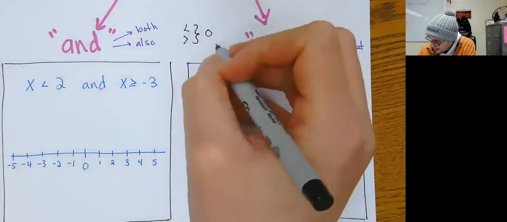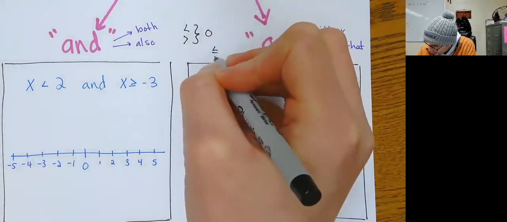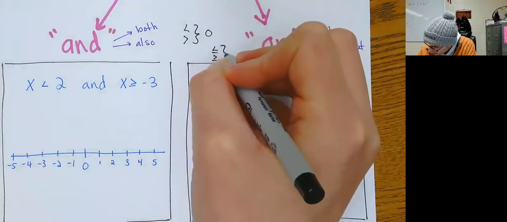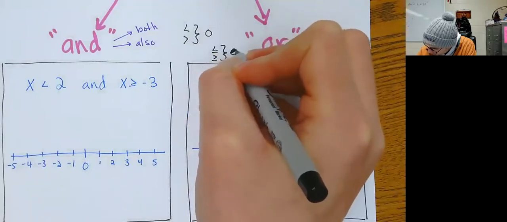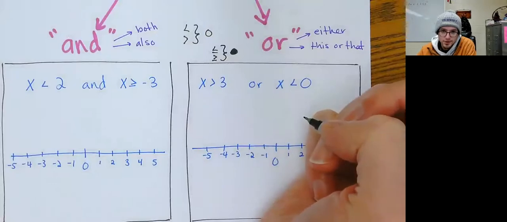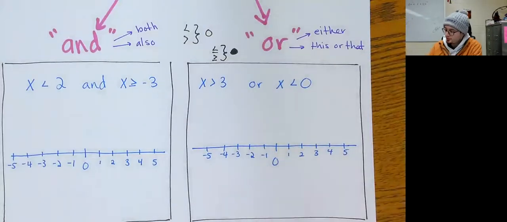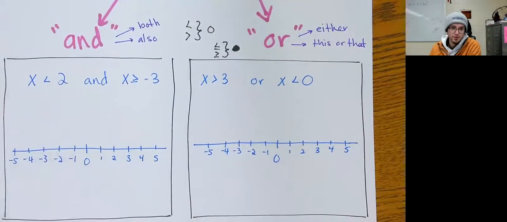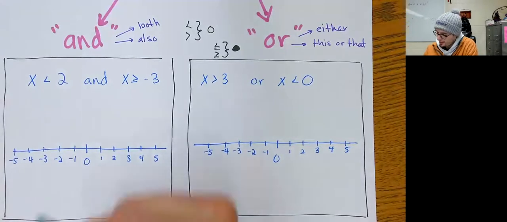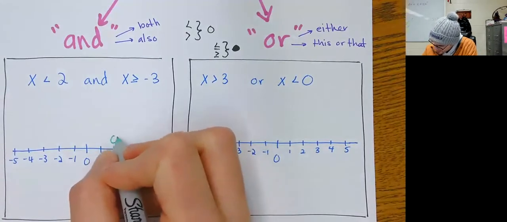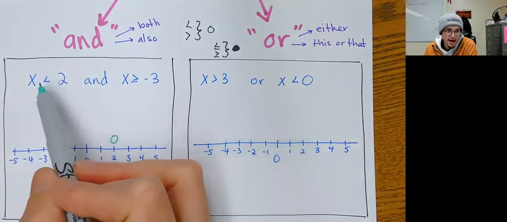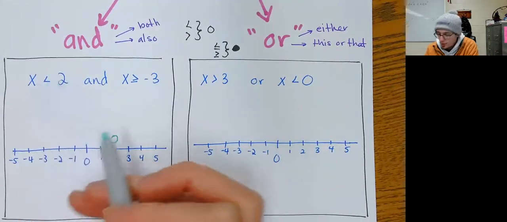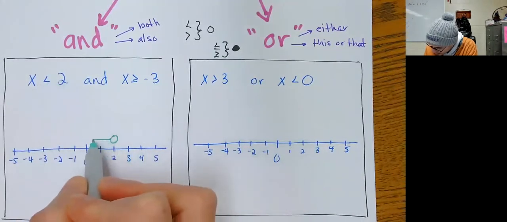Less than or equal to and greater than or equal to are closed circles. So for x less than 2, we put an open circle above 2, and it's getting more negative.